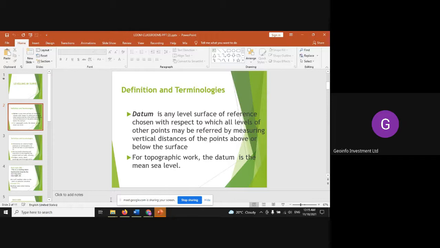So basically we say leveling is the process of determining the heights of a given area to check if it is level. So when we say we are doing leveling, we are trying to make the land as level as possible. This we do by getting the levels so that we can do our project.